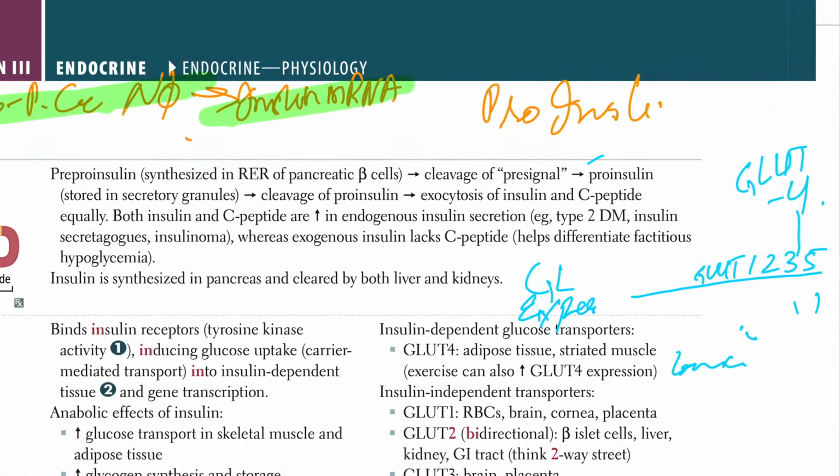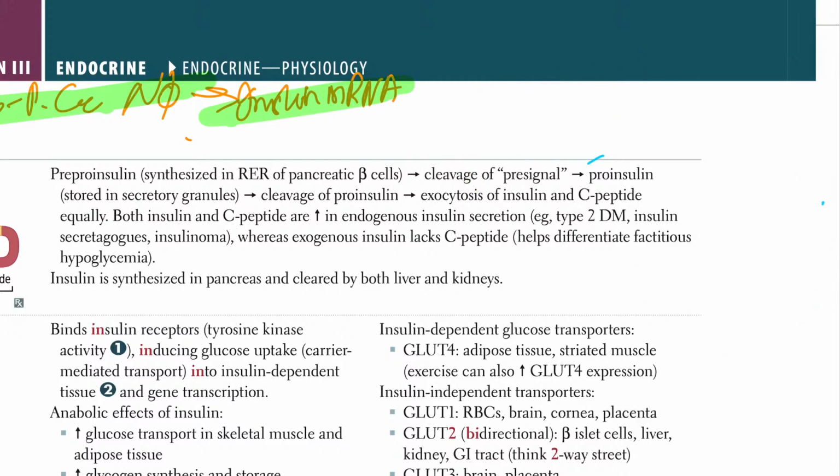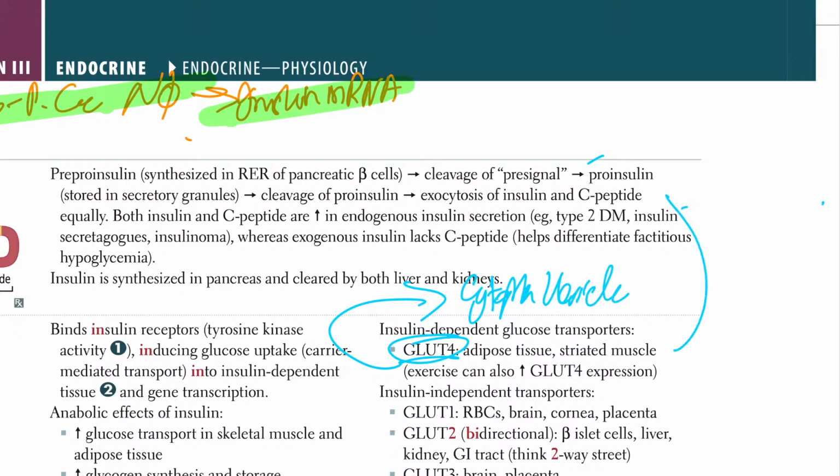Other than that, let's talk a little bit about glucose itself. This GLUT4 is stored in cytoplasmic vesicles, and they don't show up on the surface of the cell membrane.